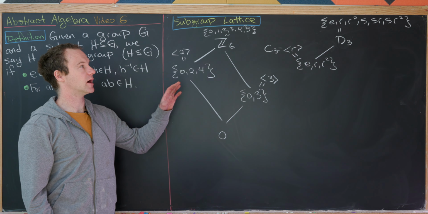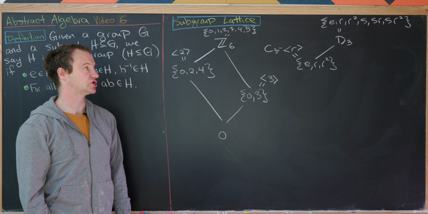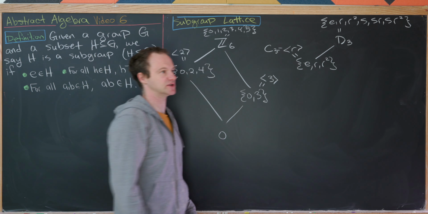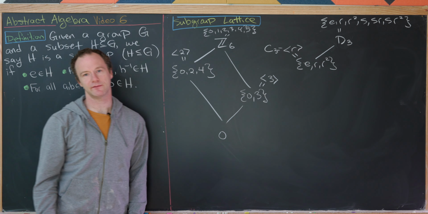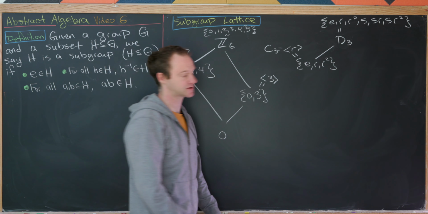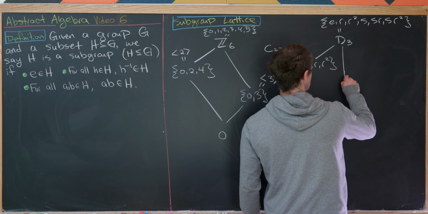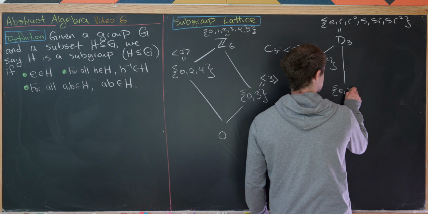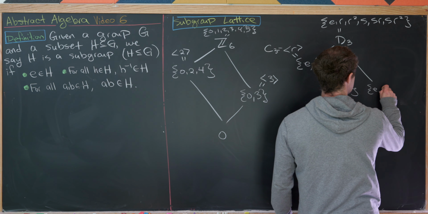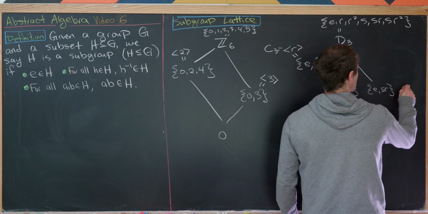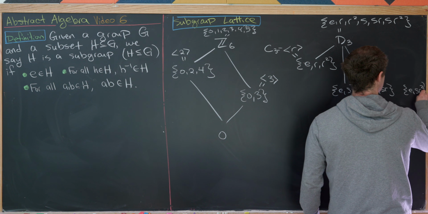And then you've got 3 subgroups of order 2 made by the reflections. So let's recall that all of these reflections are order 2 elements, which means they are their own inverse, which gives you a pretty easy way to make subgroups out of them. You've got this one right here, which contains E and S. You've got this one next to it, which contains E and SR. And then finally one next to it, which is E and SR squared.